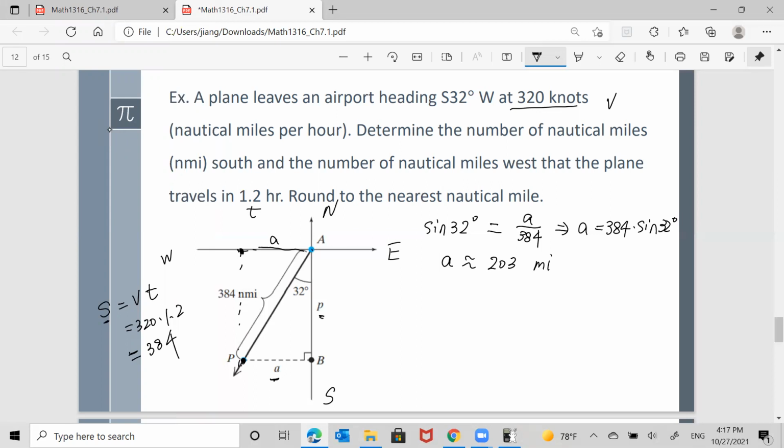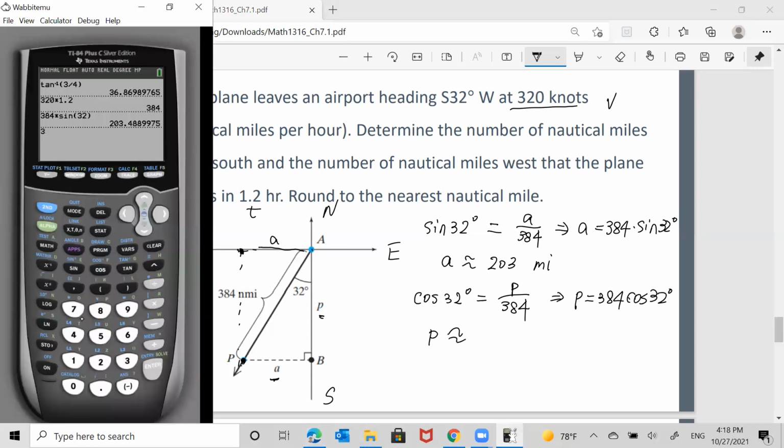And how about the P? To the south, adjacent over hypotenuse, that's cosine. So cosine 32 degrees equals P over 384, and the P equals 384 times cosine 32 degrees. So the P is about what? 384 times cosine 32, close parentheses.